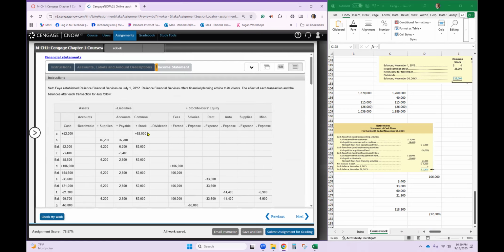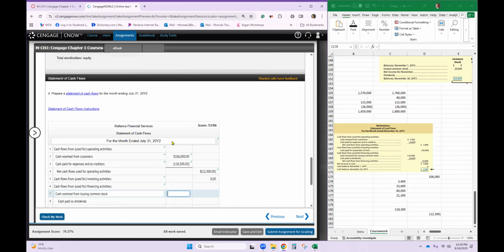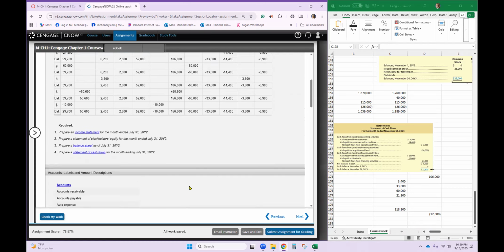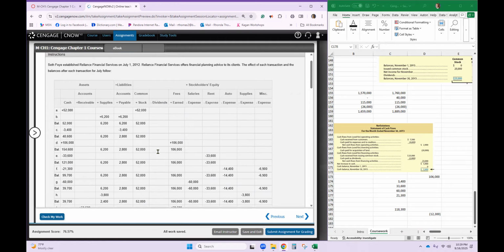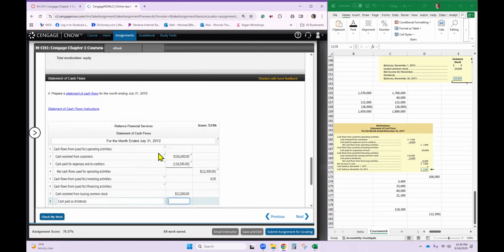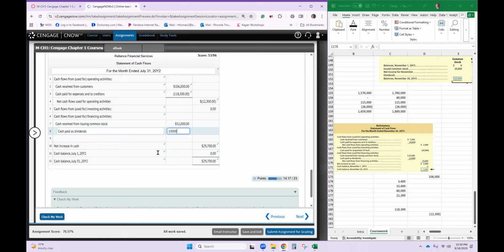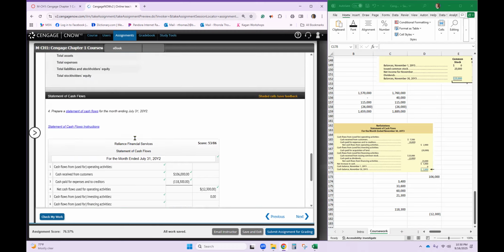How much came in? 52,000 from common stock. Okay, and dividends went out for 10,000, I think. Yes, there it is. That's the dividend column. Down it goes. So this is still a positive number. Okay, 42,000.